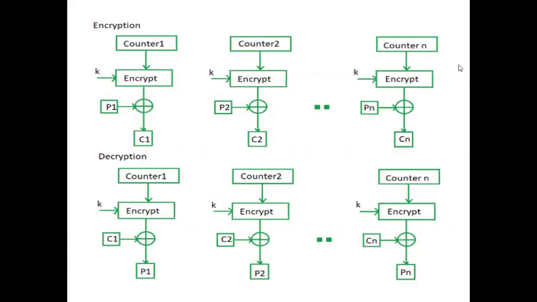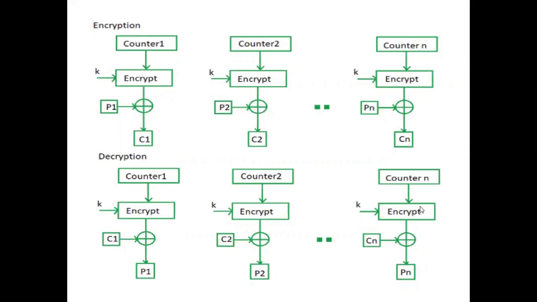Here you can process this in parallel. At a time you can do. Okay. And come to the decryption process. It is reverse. You are taking the counter. It is not encrypt, it is decrypt. You are decrypting with the key K. You are performing the XOR with the C1. You will get the P1. Like that, it continues.